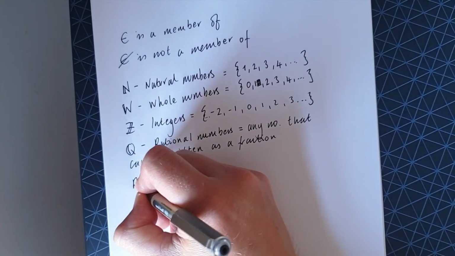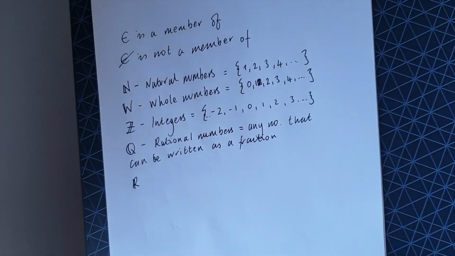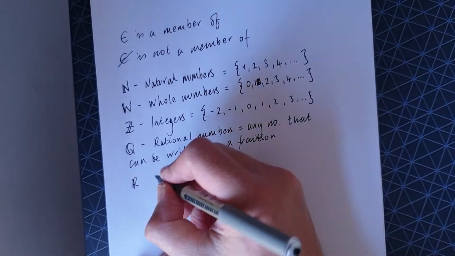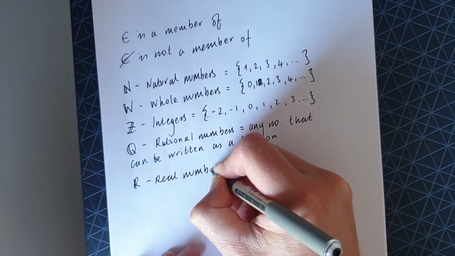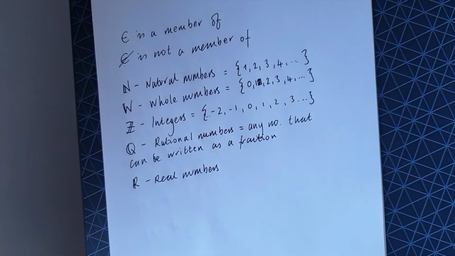Okay, and the last set is R. This is the real numbers. And real is exactly what it says on the tin. It means it exists.